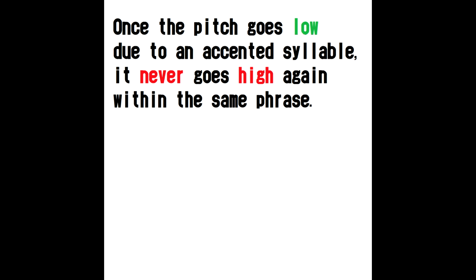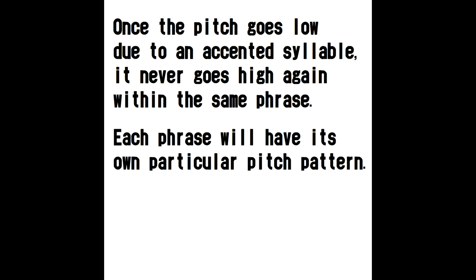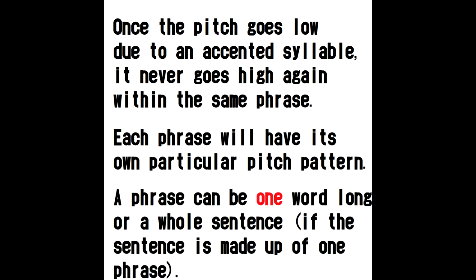You need another phrase for the process to repeat again. Each phrase will have its own particular pitch pattern. A phrase, I remind you, can be one word long or a whole sentence if the sentence is made up of one phrase. Okay? Sentences, complex ones, are usually made up of more than one phrase.